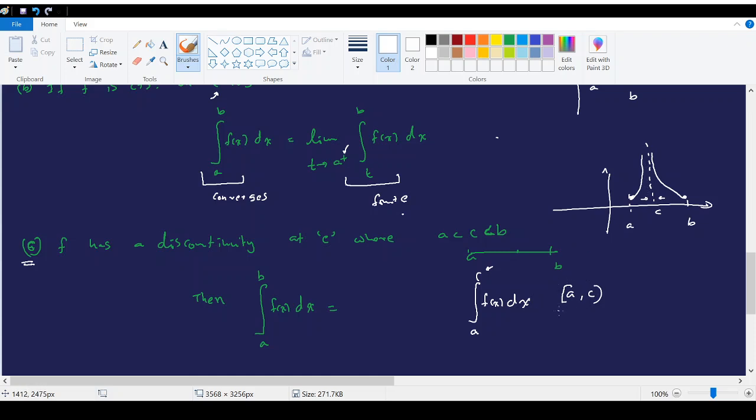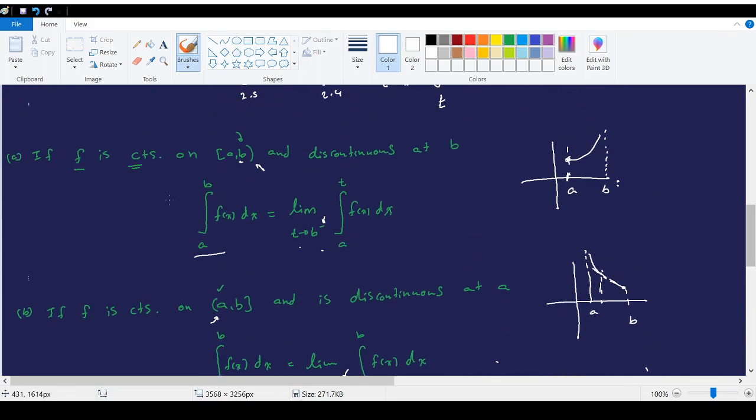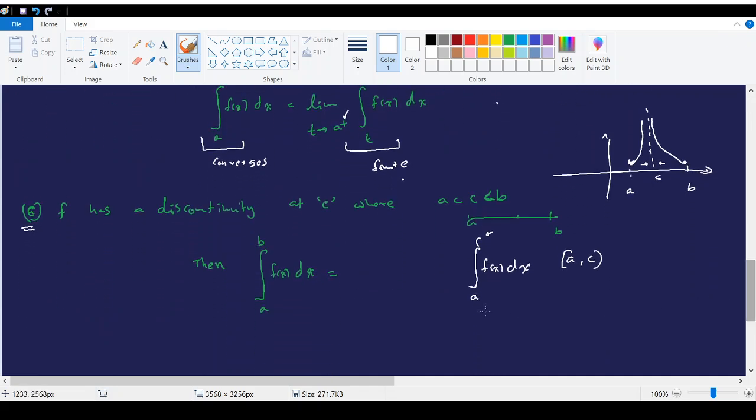So in this situation we have to use the left endpoint of this critical number, right? We can calculate this integral with the help of limits approaching C from the left hand side, because that's the place where we reach when we start off with A, right?